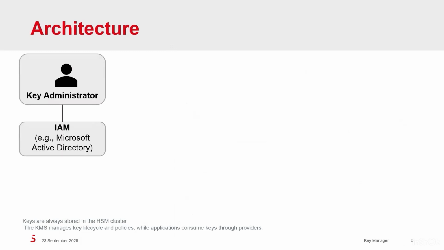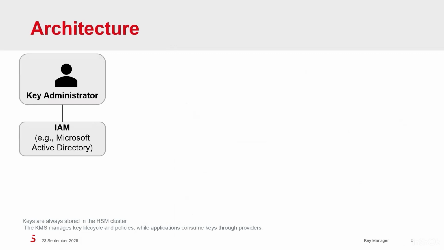For usage, I would like to demonstrate a little bit more in an architecture view how the entire ecosystem in your enterprise landscape can look like. So imagine that a role in your organization, a key administrator, authenticates against the identity access management or identity provider, such as Microsoft Active Directory, GitHub, Okta, Keycloak, we all know that.